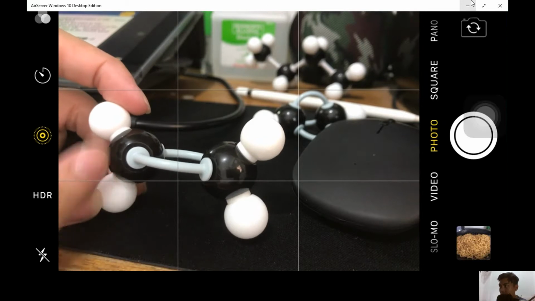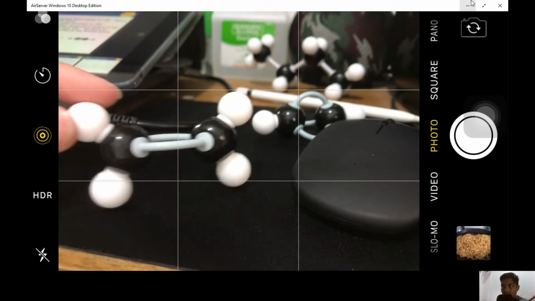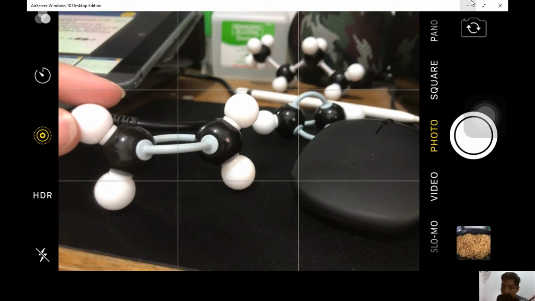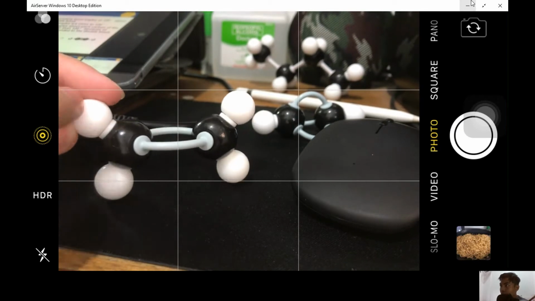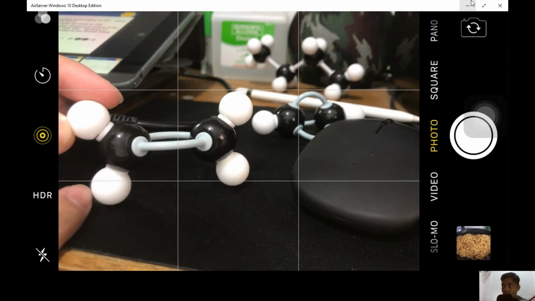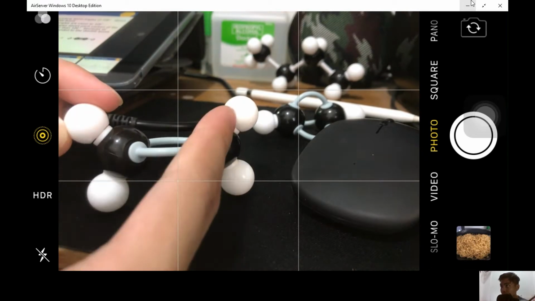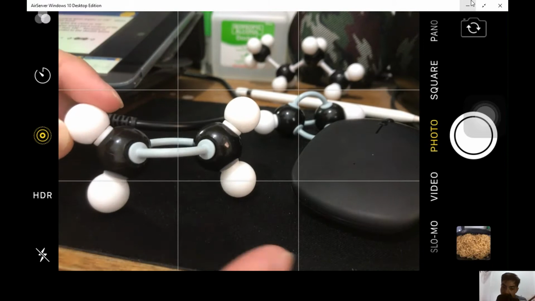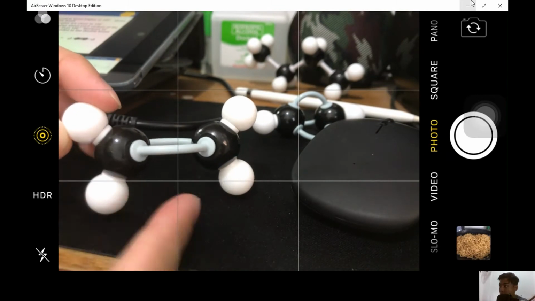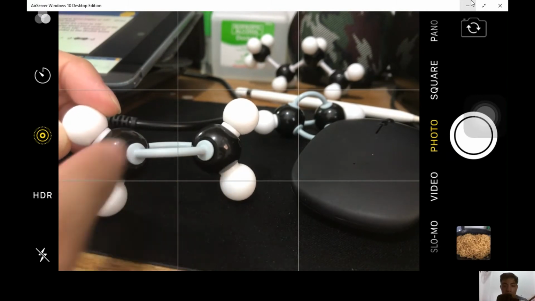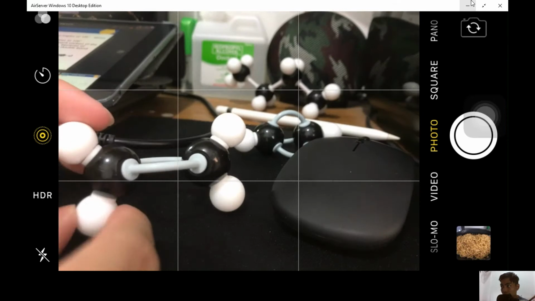So sp2 kapag alkene, then look, ano yung angle of separation of the groups, no? The bonding groups. This and this are separated at an angle of 120 degrees. This and that group is also separated by 120 degrees. Ito and yun ay separated din at 120 degrees angle.